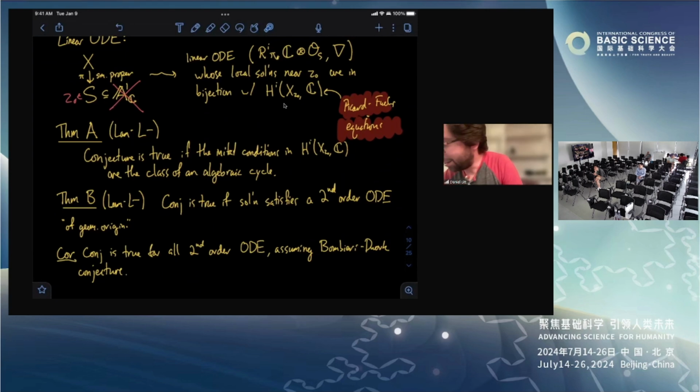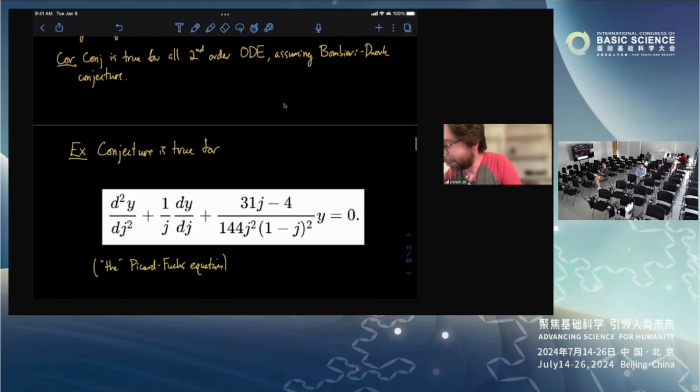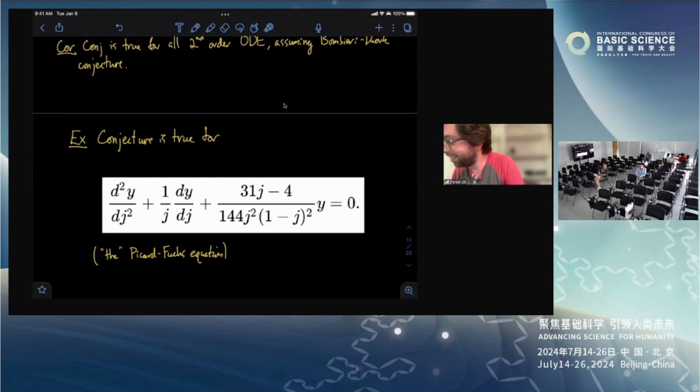Okay. So let me give you an example. Here's a second order ODE of geometric origin. It's the Picard-Fuchs equation, meaning it comes from the universal family of elliptic curves. I told you that the conjecture is true for ODE of geometric origin, so in particular, it's true of second order ODE of geometric origin. So it's true for this one, for arbitrary initial conditions.